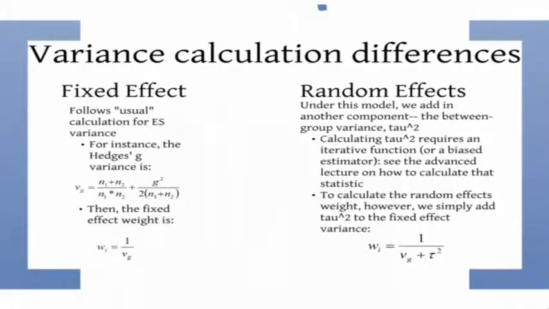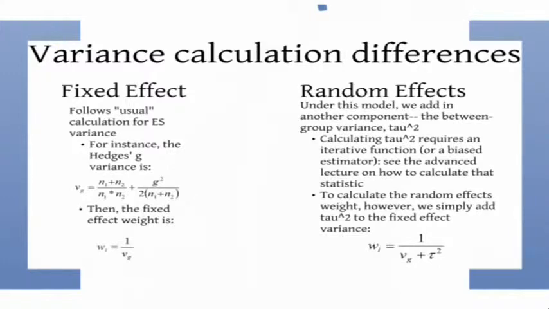In a fixed effects model, when we calculate the weight, as you can see in the bottom of the left-hand column there, all we're doing is taking 1 over the variance component, which is the square of the standard error. So we use a fixed effects model, we calculate the standard error, we get the variance, and we take the inverse of it, and that's our weight for each study.